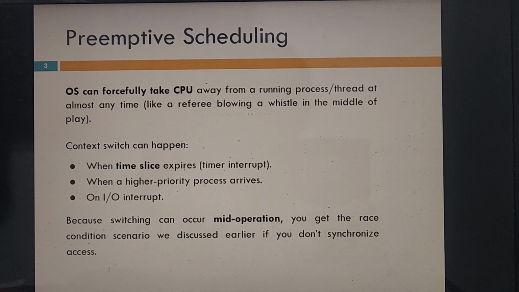Assuming you are familiar with context switch, preemptive scheduling is where a context switch happens midway. So I assume the processor has taken up a process P1. Even though P1 might not have been completely executed, at some point it is possible that the processor will pause P1 midway and take up some other P2 or P3. It could be because there was an interrupt, or when the time slice expires. Round robin is an example of preemptive scheduling where this time slice thing happens. Again, we'll talk about round robin in detail soon.